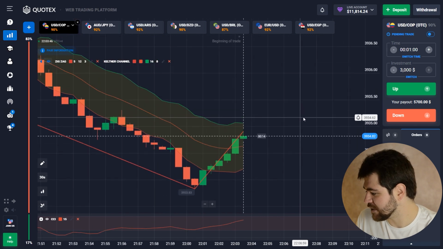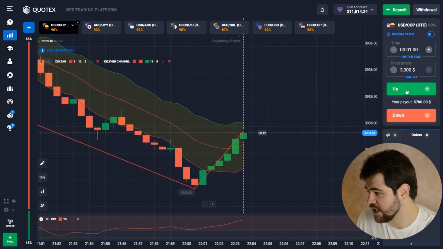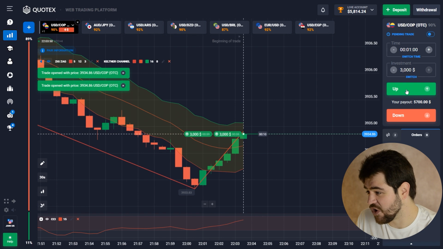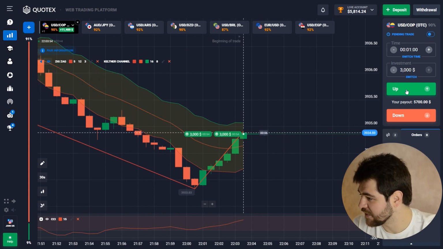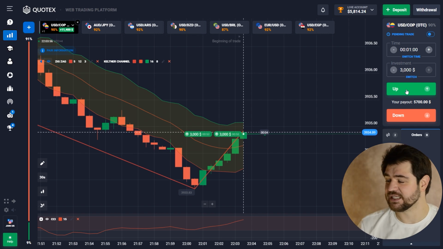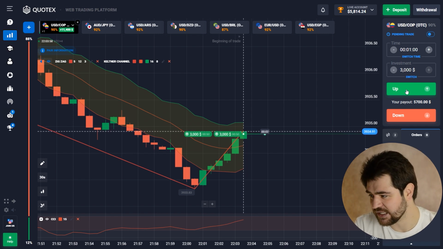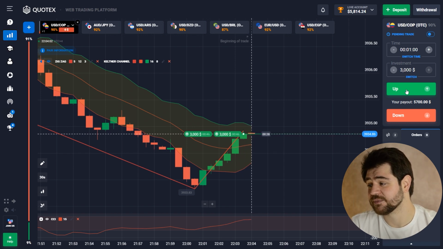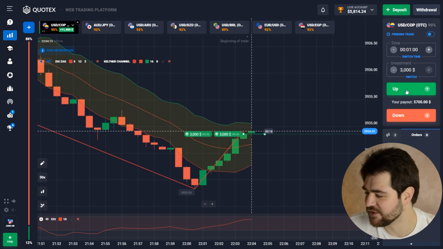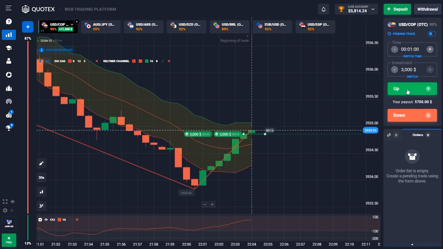So at this point, maybe it's worth doing another option on the same asset. Right, so this is an example where I do that, because this looks really good for the growing of this trend. Breaking also the middle line shows a lot of potential. So yeah, let's wait for the result of this and continue.